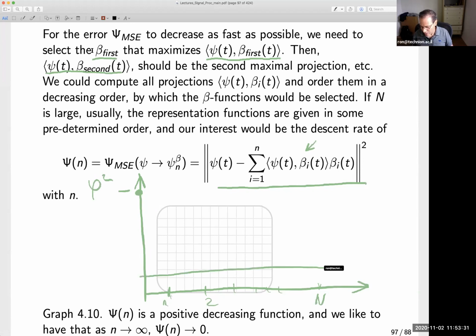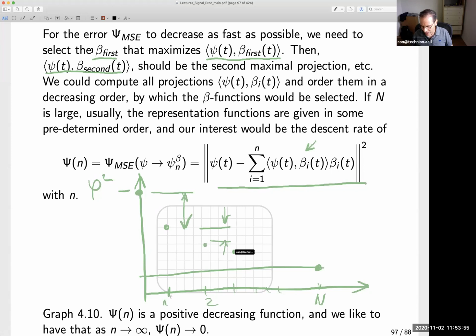I cannot go below this error. What I would like to do is that the first error would be as small as possible. So this would be the largest possible projection that I'm looking for. Then the second projection would be the largest of all possible projections. So this would be the second one. The third one will probably be here.